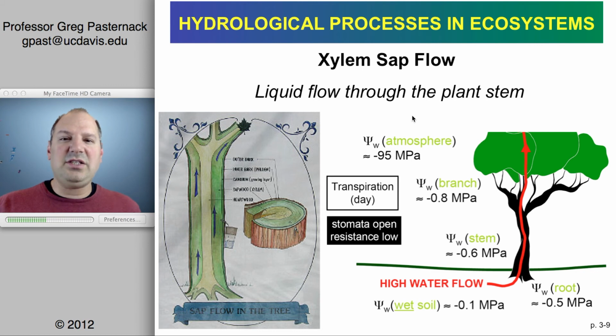What this psi relates to is the ability of the atmosphere or whatever area you're in to suck or grab water. Essentially, what's the pull that's put on there? And so that's measured as a pressure, in pascals, or MPa, which is megapascals, which is millions of pascals.